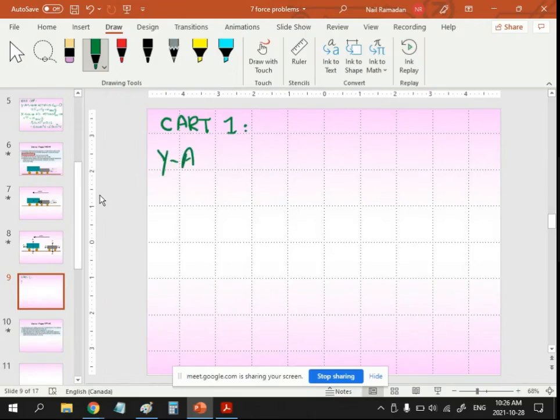By the way, this is part A. Y-axis, no motion.